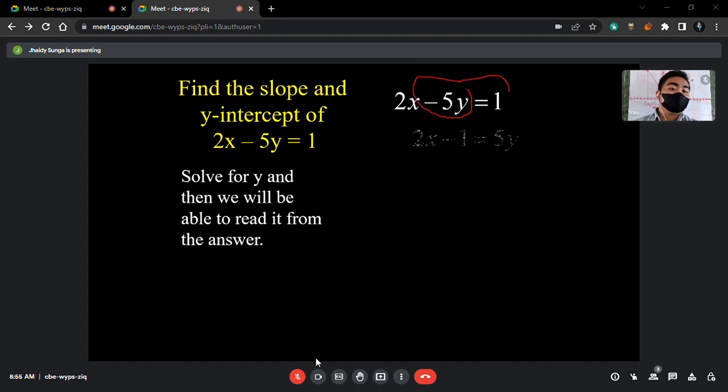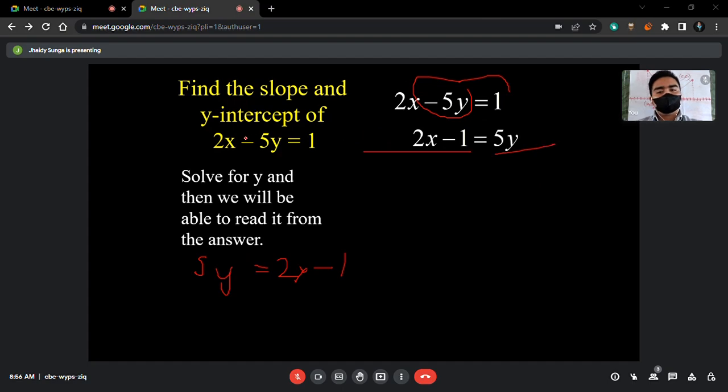So the answer will be 2x minus 1 is equal to 5y. So your y will be positive already. Or either way, you could simply say that 5y is equal to 2x minus 1. They're just the same, aren't they? They're still equal, even if you interchange the places.